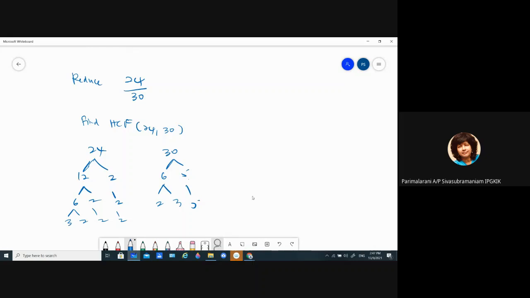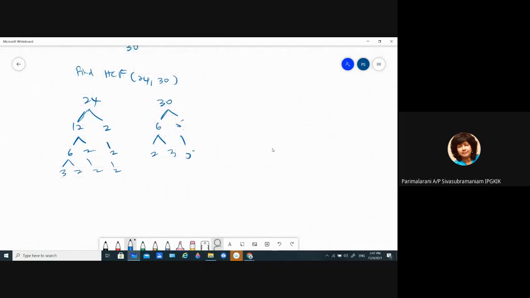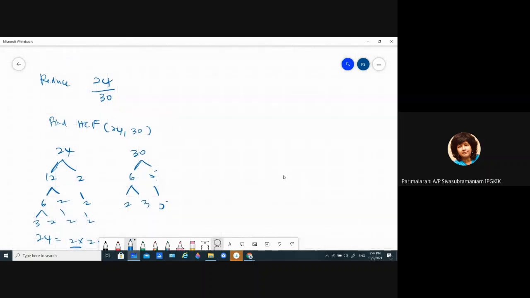We know that 24 is 2 times 2 times 2 times 3. 30 is 2 times 3 times 5. So we have the same factors here. Therefore the HCF of 24 and 30 is equal to 2 times 3, which is 6.